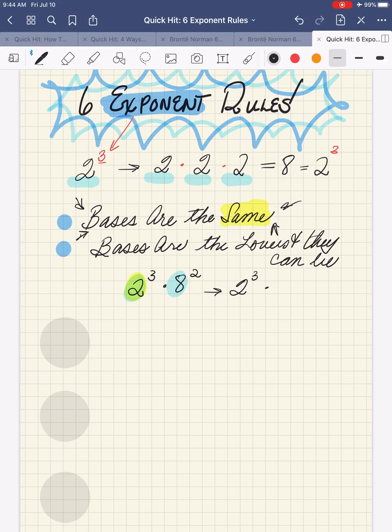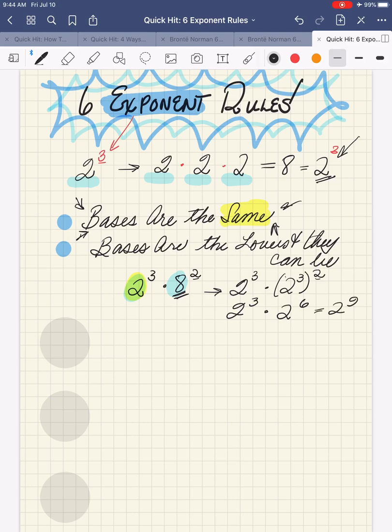And for the second term, 8 is the same as 2 to the third, and then that would be squared. You see how I've substituted base 2 in for 8, and I kept that square outside the parentheses. As we'll see when we do the rules, this is 2 to the third times 2 to the sixth, which is 2 to the ninth.